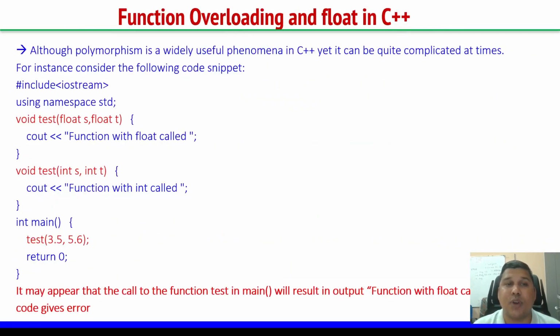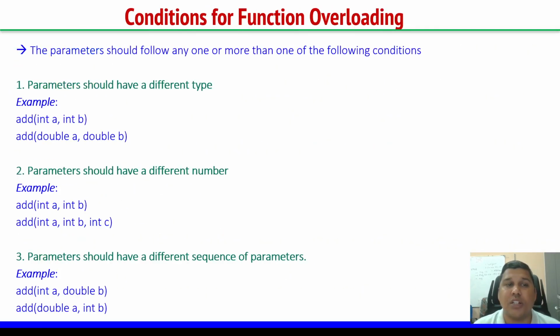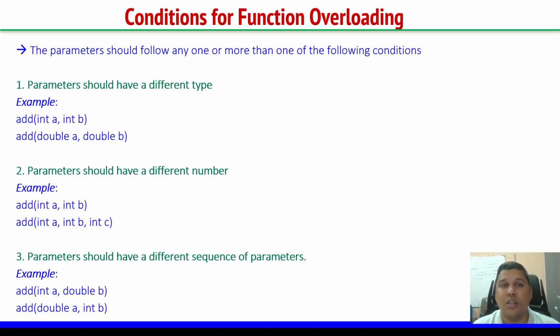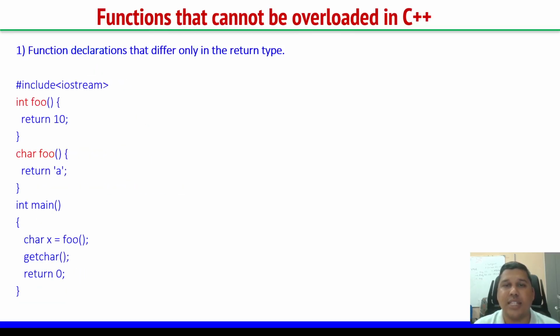If you quickly summarize what we have seen, we have studied function overloading in C++. What are the rules? Three different rules: they should differ in data type, in the number of arguments, or in the sequence of parameters. If they differ in these three forms, we say we implement function overloading, and we have seen some examples.